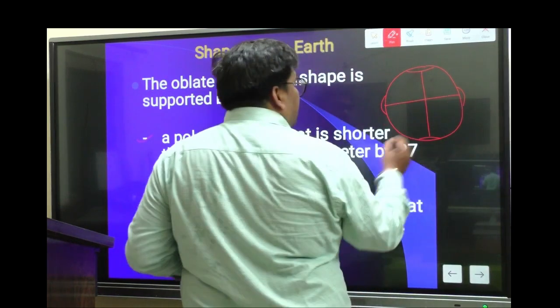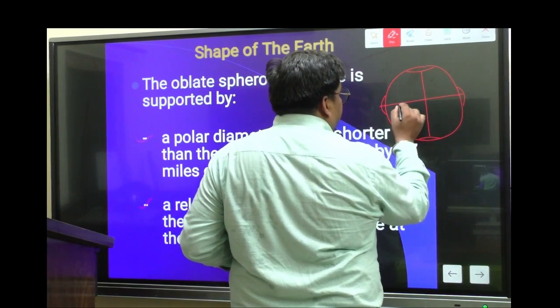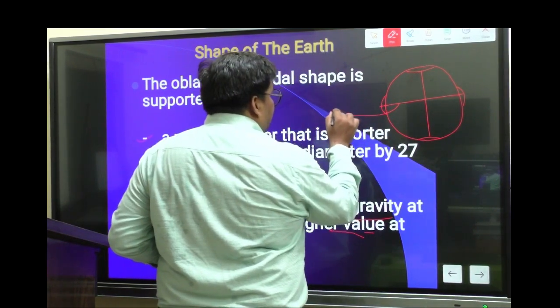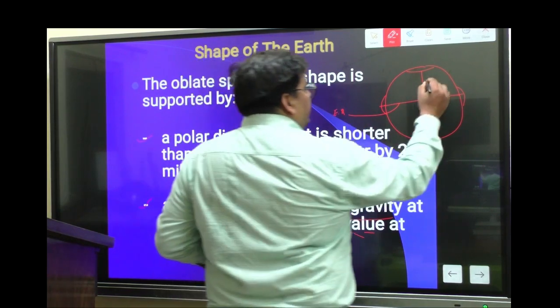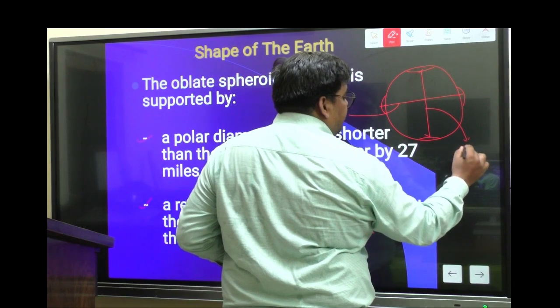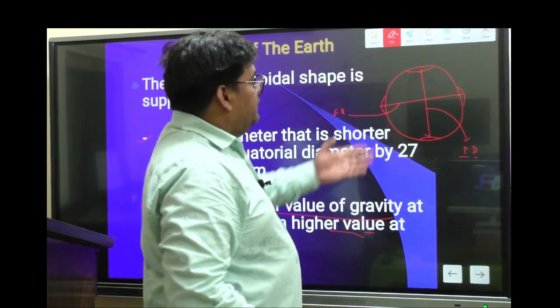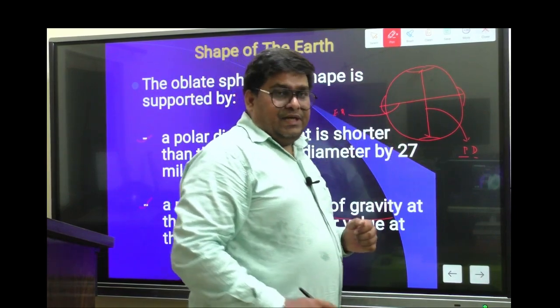So what will happen? The effective length of the equatorial diameter would be larger, and the effective length of the polar diameter would be somewhat lesser, because of the flattened area.